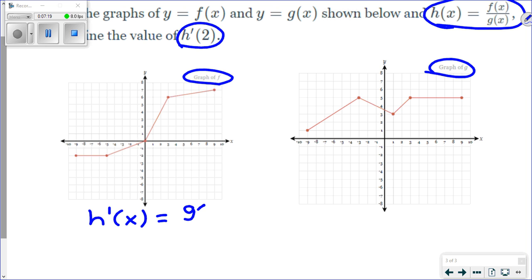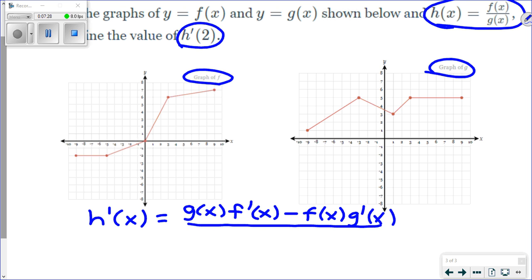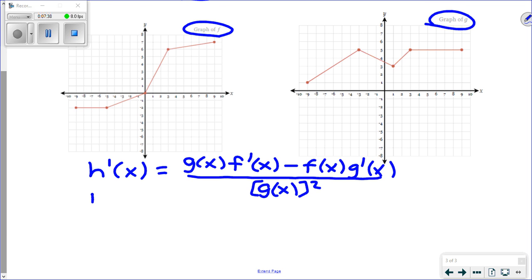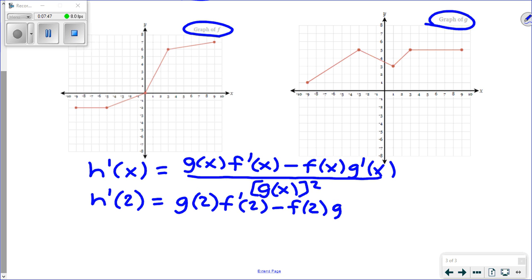So it's low d high minus high d low all over low squared. Then to find h prime of 2, we're just going to replace x with 2. So this will become g of 2 times f prime of 2 minus f of 2 times g prime of 2 all over g of 2 squared.